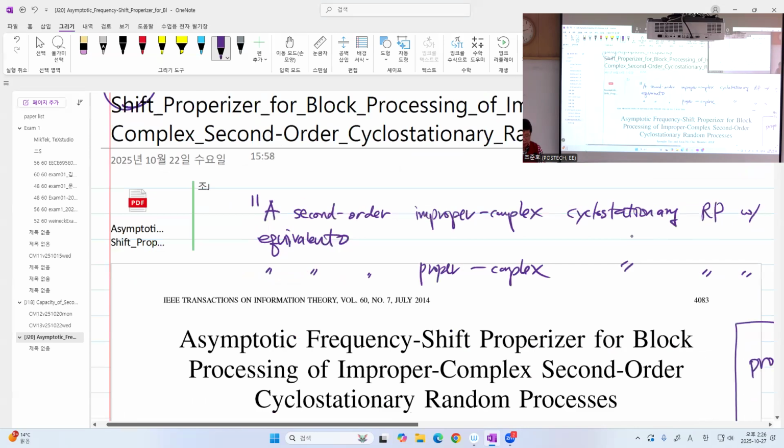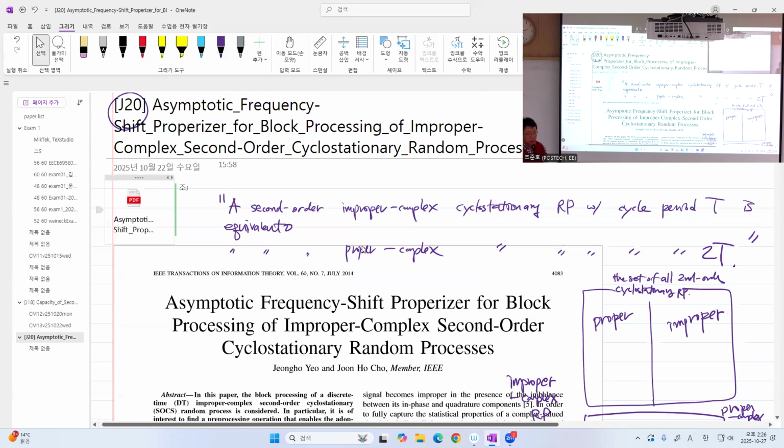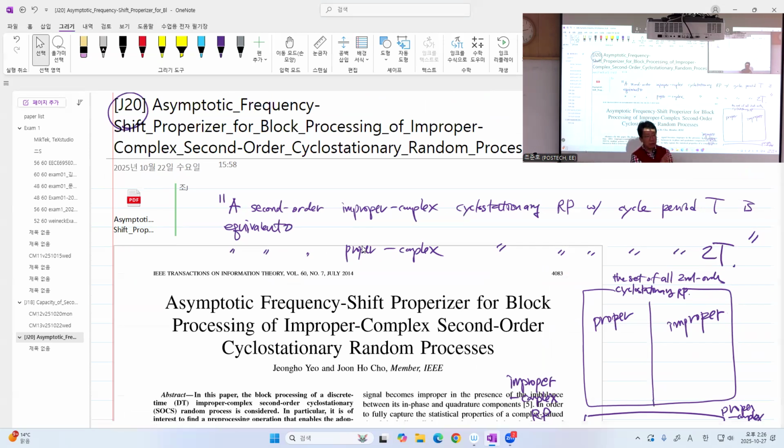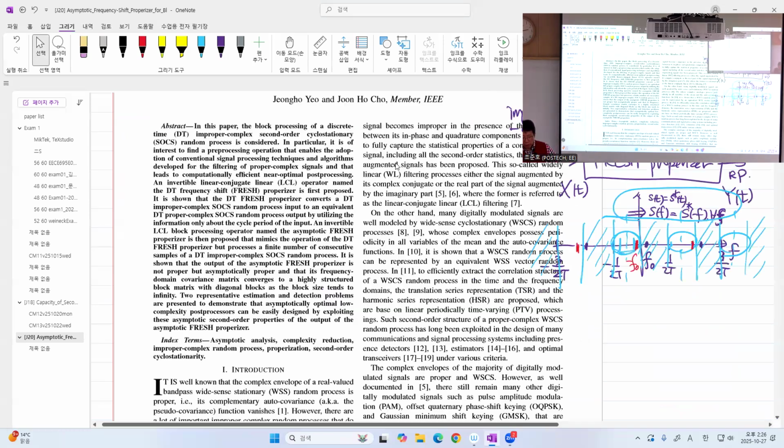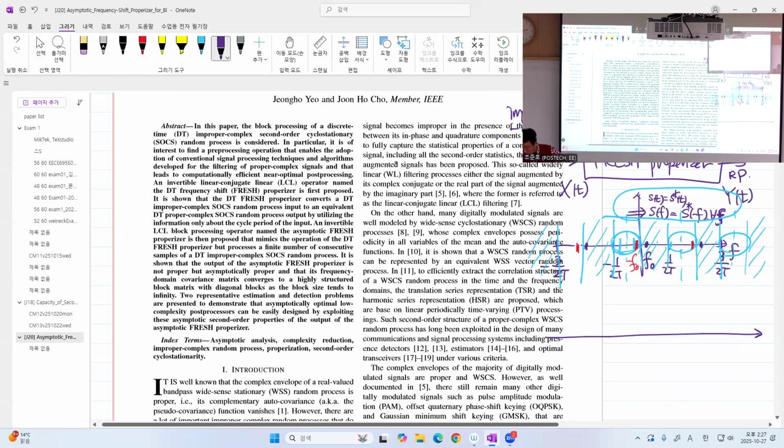Got it? So by using such an invertible transformer, you can transform an improper complex wide-sense cyclostationary random process with period T into a proper complex wide-sense cyclostationary process with period 2T. And it somehow makes sense if you just remind the spectral correlation, because what you have is something like this.